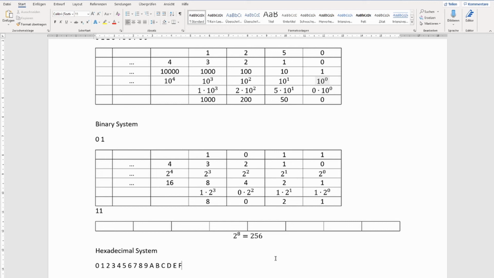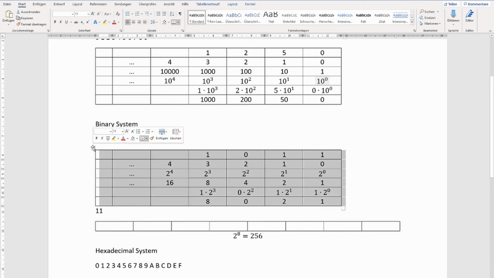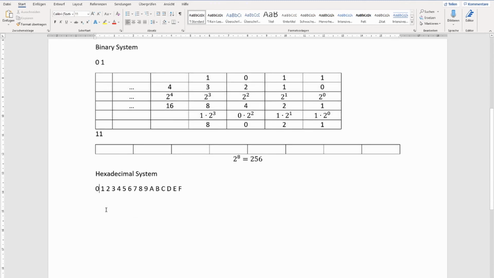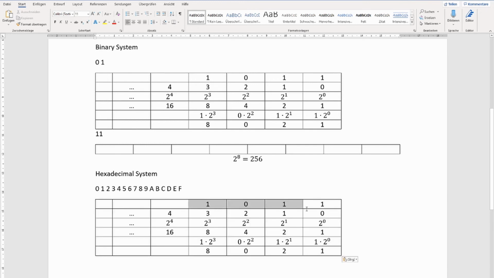16 different symbols. I will copy this table again. Here we have 16 to the power of whatever.